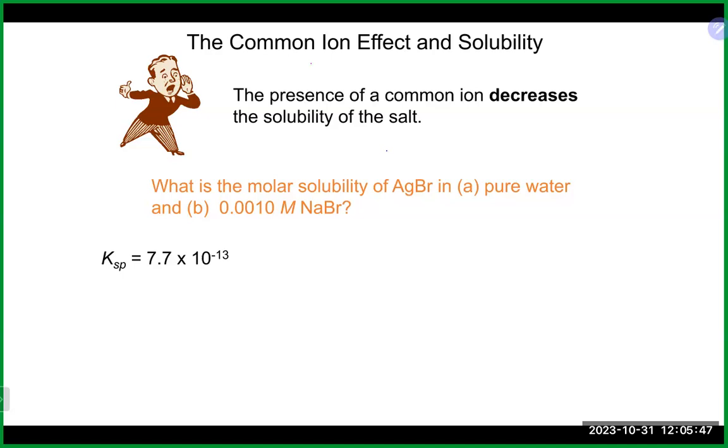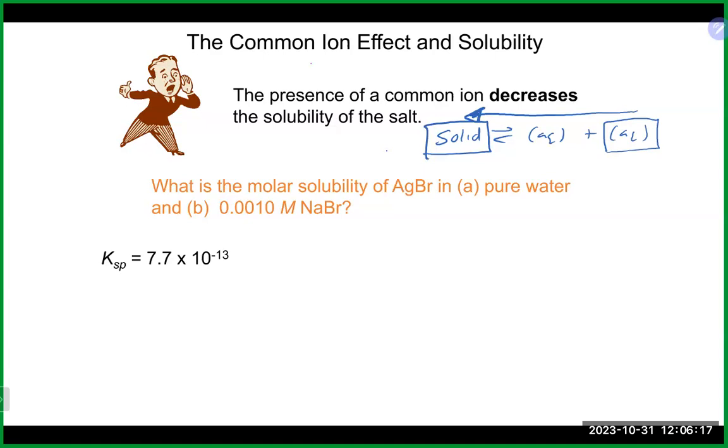So if you just think logically about how these are written in terms of their equation, you have solid, as we've talked about, going to aqueous ions, which means the only place that you could have a common ion would be on the product side. That would be like adding a product, which means Le Chatelier's principle is going to cause the equilibrium to shift away, and that is going to make more solid.